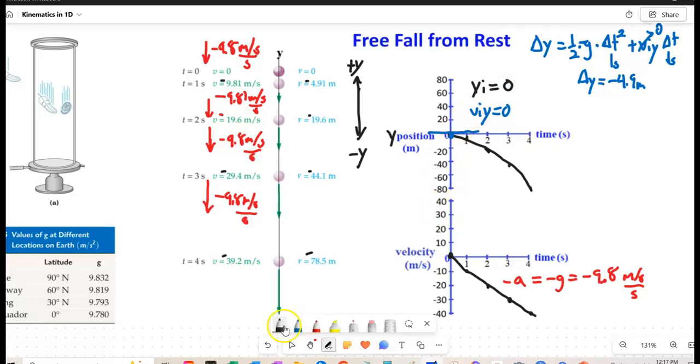And then in the end, its final velocity in the y direction is going to be negative 39.2 meters per second, and its final position at this point is going to be negative 78.5 meters. And this should be meters per second.